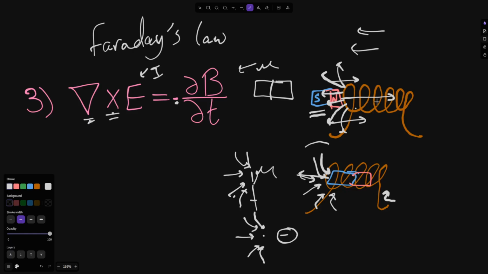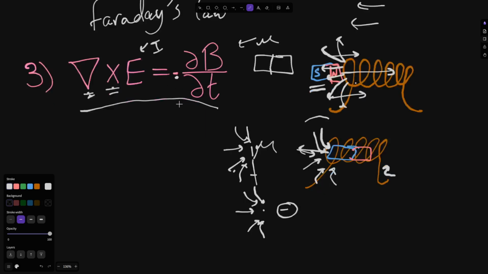If something has a high electricity, it can give us a great magnetic differential on the opposite side of the movement. Okay, and that's the explanation of this step or this equation. So the curl of the electric field is negative, or the opposite side of the change of the magnetic field.